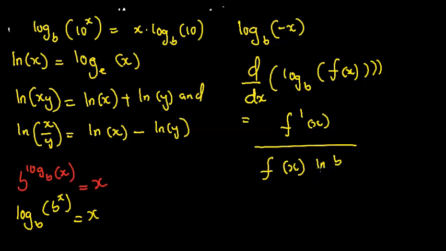Logarithmic differentiation is a technique used to differentiate functions that are difficult to differentiate directly. First thing you need to do is to take the derivative of log base b of f of x with respect to x using the formula.